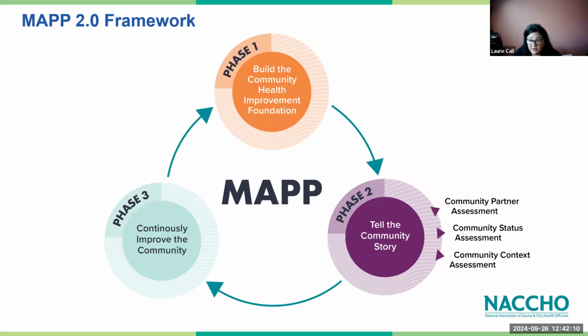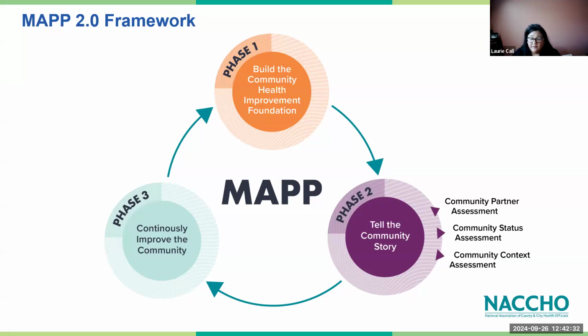But regardless, there are three phases in MAP. The first is building the community health improvement foundation. So it's all the pieces that you need to think about, all the things that you need to put in place in order to have a successful process. And this can be as robust as you need it to be.